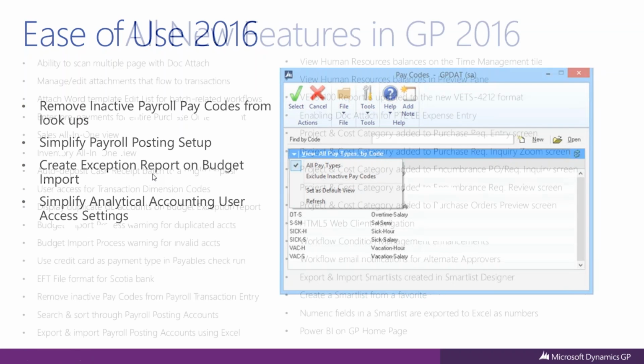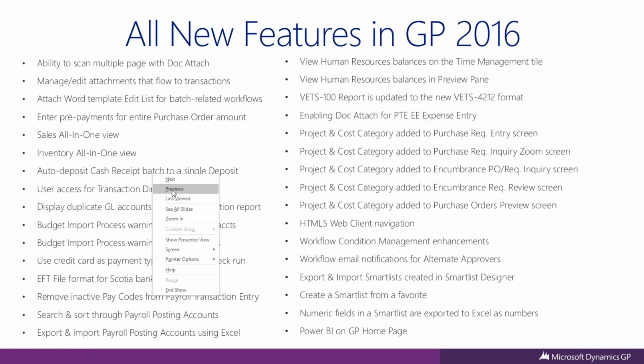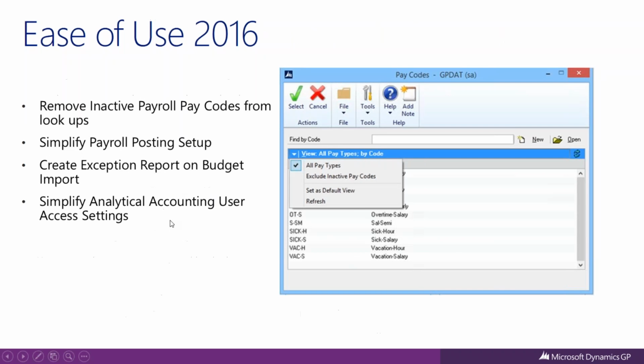I know there's probably some folks out there who've seen this when I'm importing a budget just from a spreadsheet, just using the regular old import from a spreadsheet functionality in GP. It will now give us an exception report at the end of that tells us duplicate accounts.